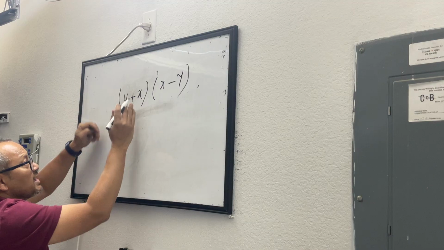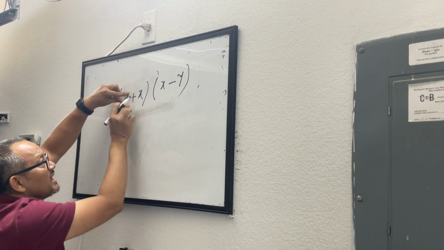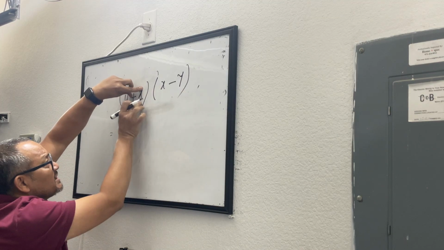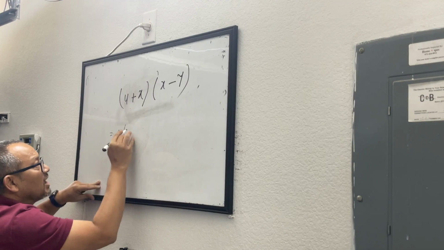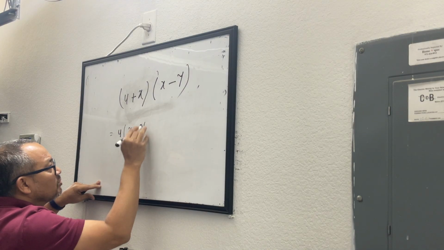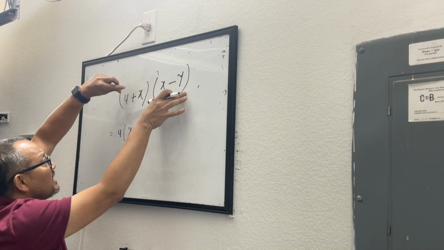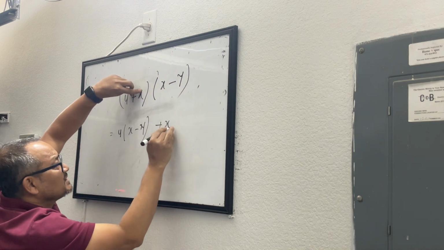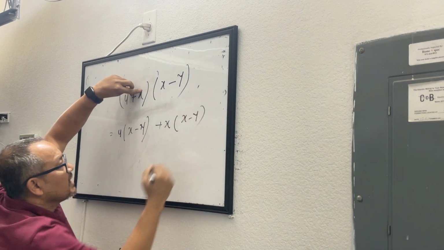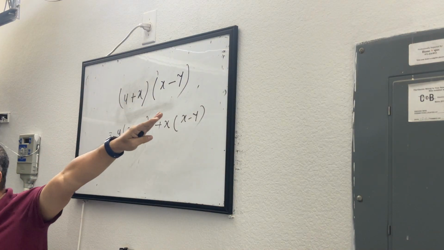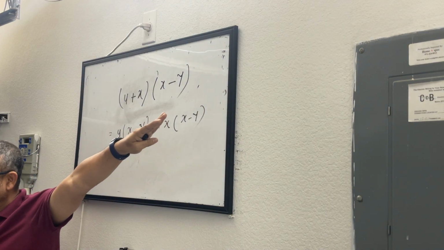You will say, okay, this will be equal to this times the whole thing plus this times the whole thing. That is how the distributive property works. So now things are getting split slowly.